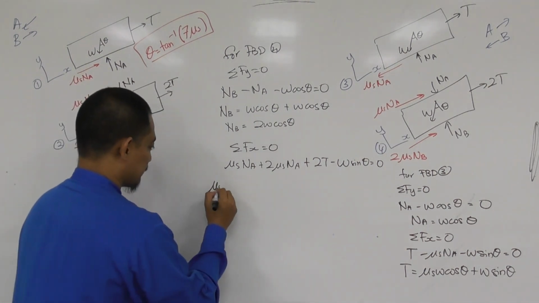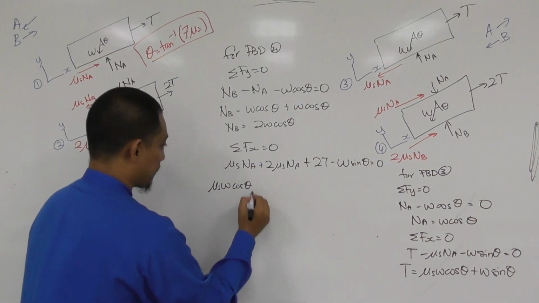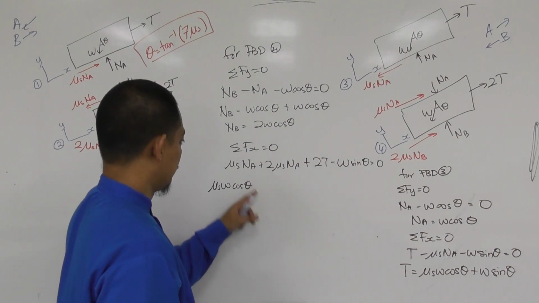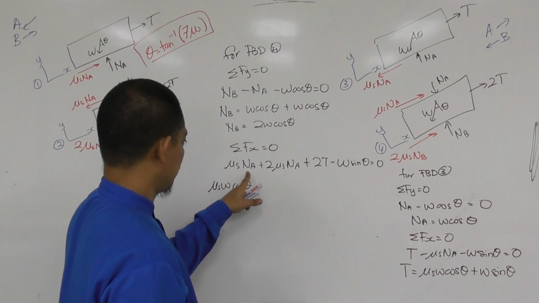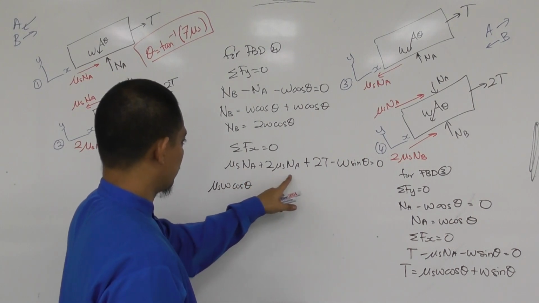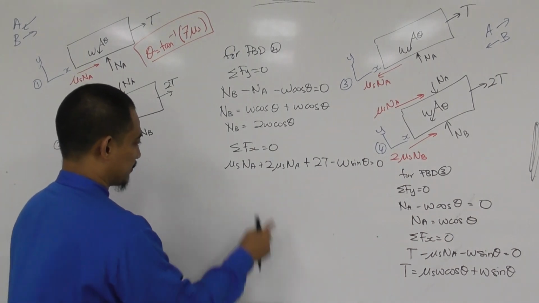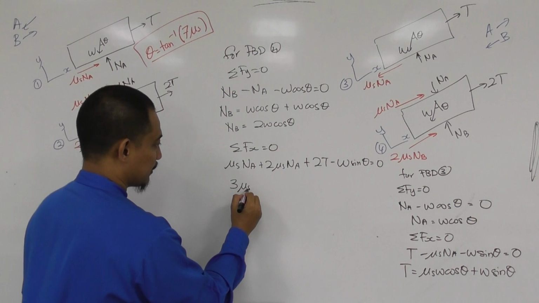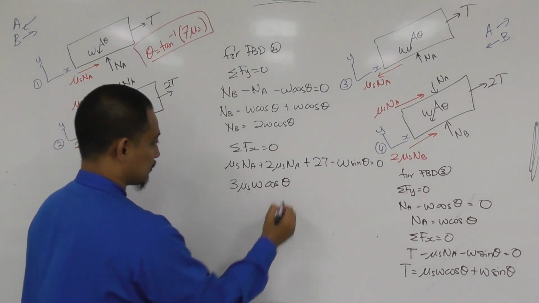So mu s NA is W cos theta plus 2 mu s NA. These can be added, right? Mu s NA plus 2 mu s NA becomes 3 mu s NA. So 3 mu s NA is W cos theta.